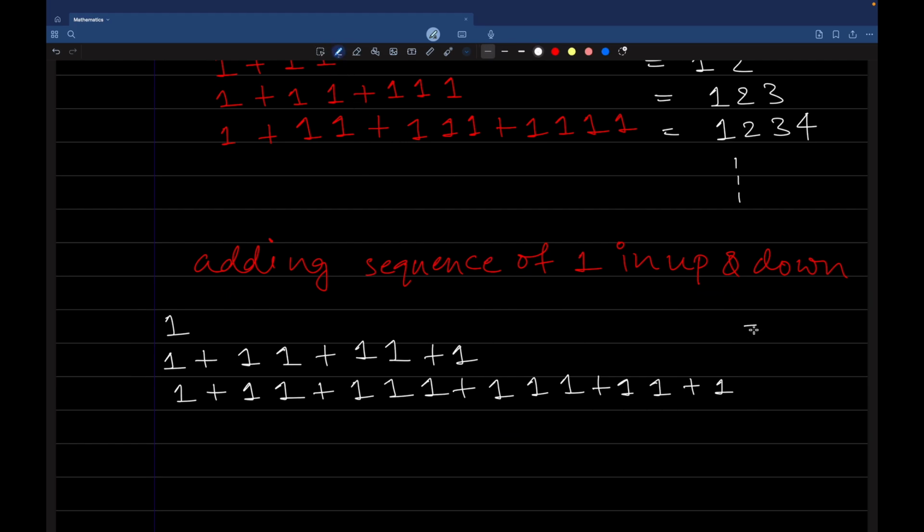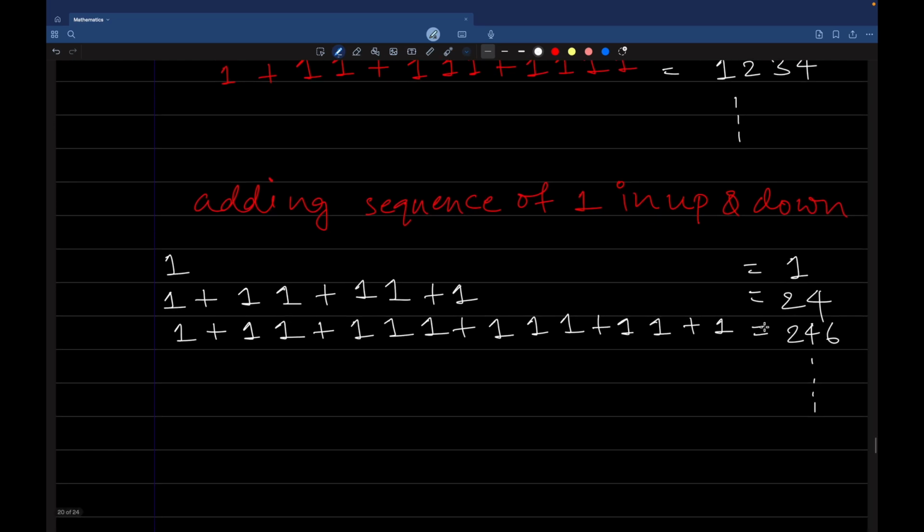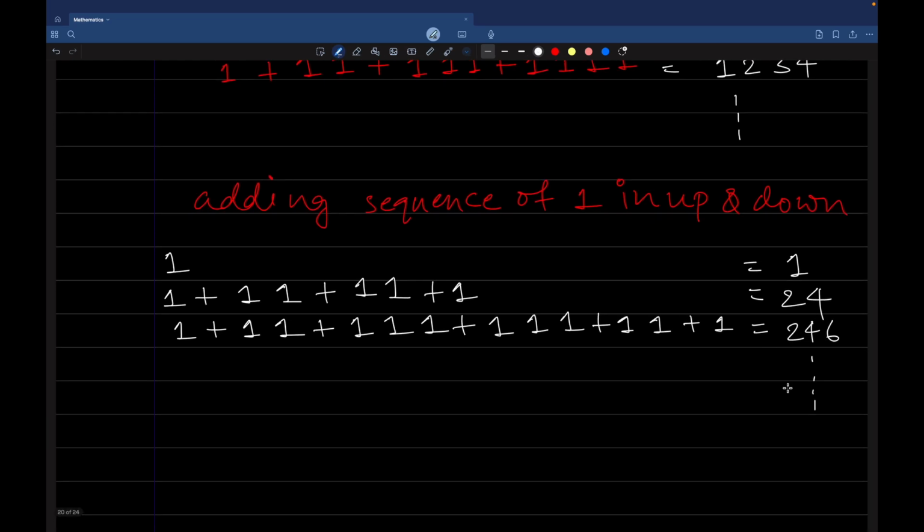And so on. What answer do we get? Here we will get 1, here we will get 24, here we will get 246, and so on. In this way we get the sequence like 1, 24, 246.